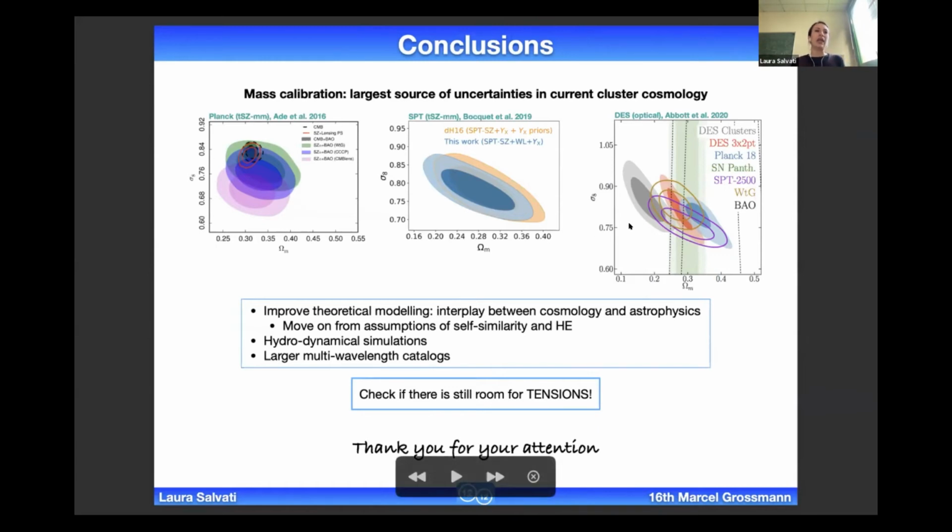And we need, of course, a tight relation between simulations and what we observe, and a multi-wavelength analysis of larger cluster samples. Only once we have done this can we really check if there is still room for tensions between, in this case, clusters and CMB primary anisotropies, and see if we really have a hint for new physics. And I think I can conclude here.